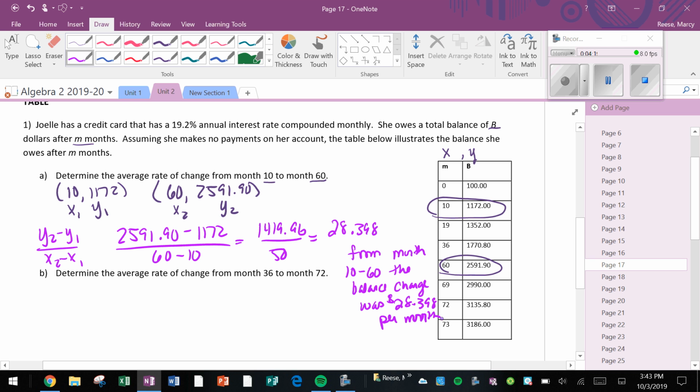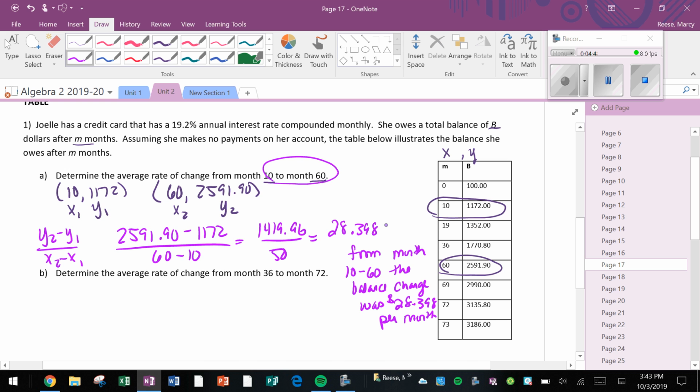Now when they ask you to describe, you have to be really specific with that. You have to state that it's from month 10 to 60. You can't just say the average rate of change is 28.39. You can't do that. It has to be from month 10 to month 60, because that's the only time period that we were referring to in this problem. Okay?